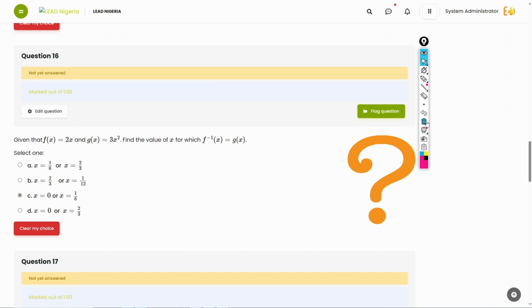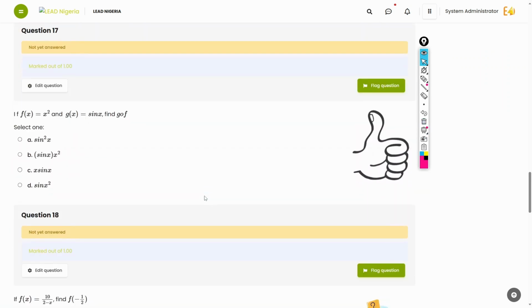Okay, moving on. Find g of f. Okay, good. We're given that f of x is equal to x squared, and g of x is equal to sine x. We're asked to find g of f of x.